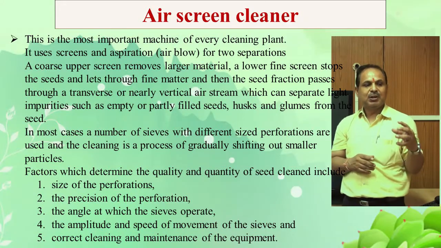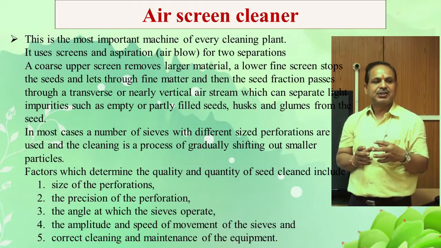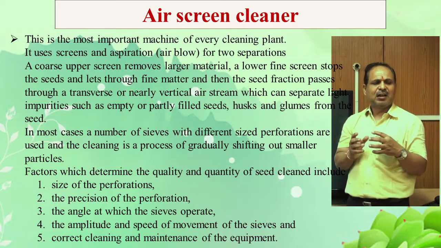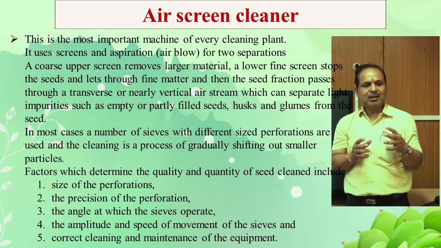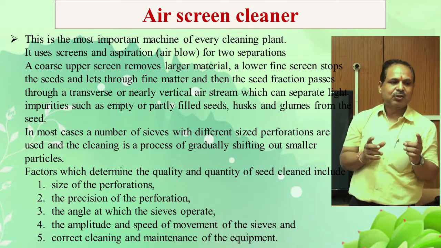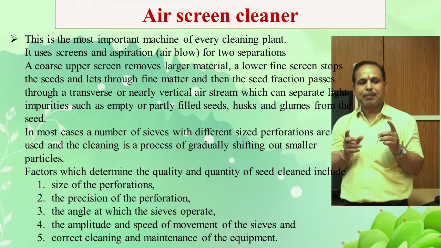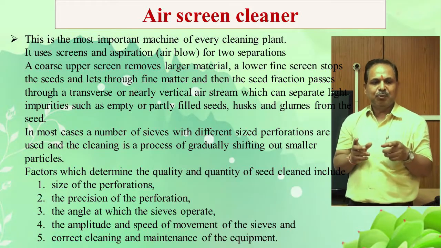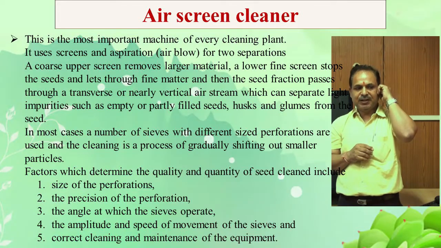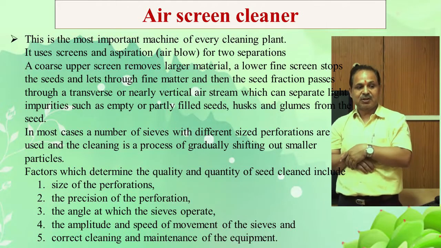A coarse upper screen removes larger material. A lower fine screen stops the seeds and lets through fine matter, and then the seed fraction passes through a transverse or nearly vertical air stream, which can separate impurities such as empty or partly filled seeds, husks and globes, etc. of the seeds.